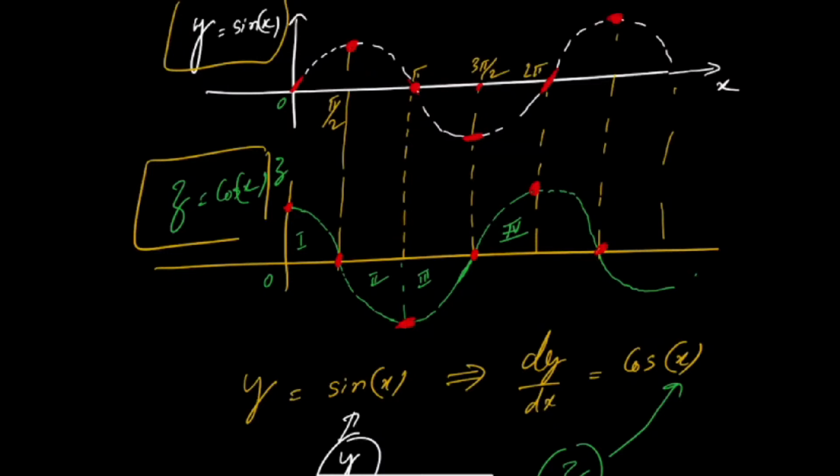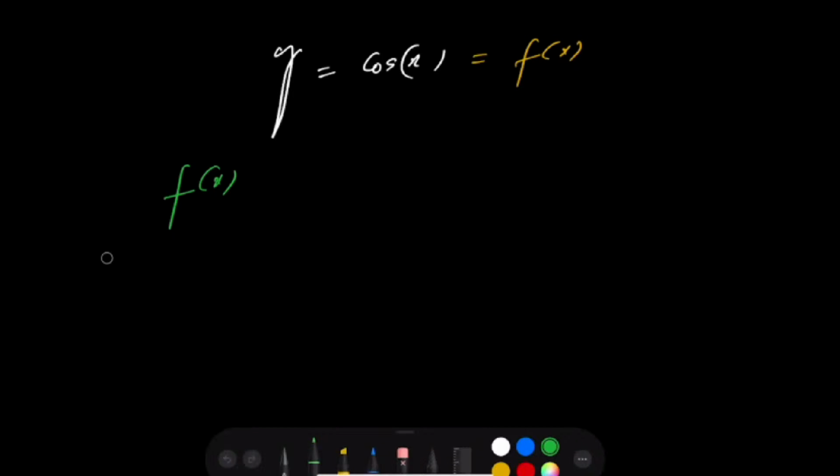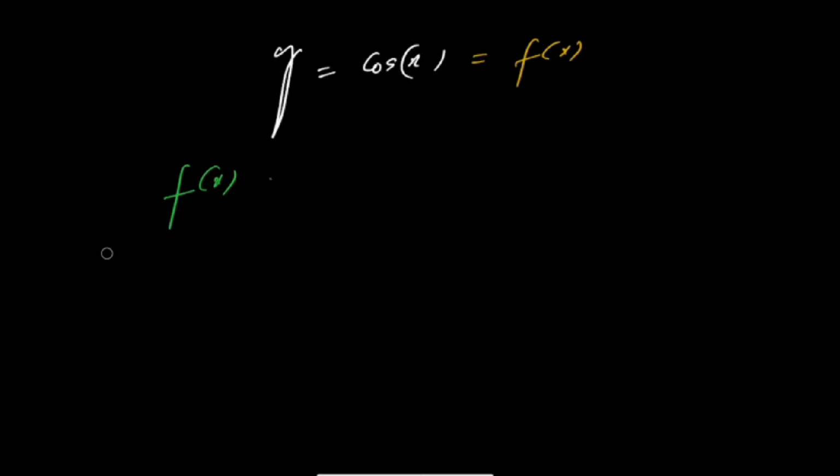Okay. What about y equals cos x? Till now we were looking at y equals sin x. So what if y equals cos x, which is equal to f of x? According to our formula, f of x equals y.